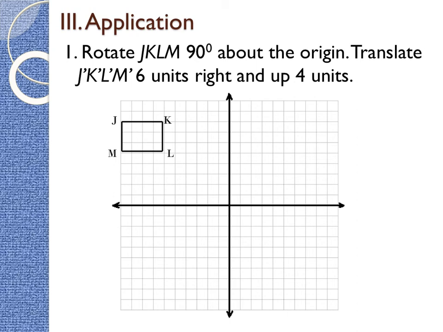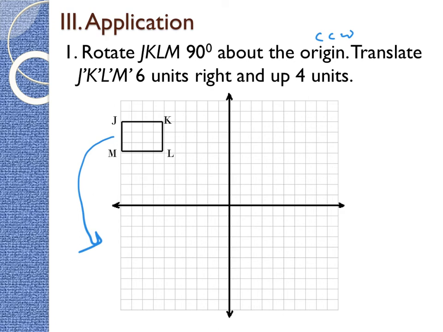Okay, we're going to rotate this about the origin. We just have 2 more, and then we're going to translate it 6 right and 4 up. Okay, so we've got this. We're going to go about the origin. It did not say which way, so we're going to go counterclockwise. So that means we're going to go to the third quadrant.